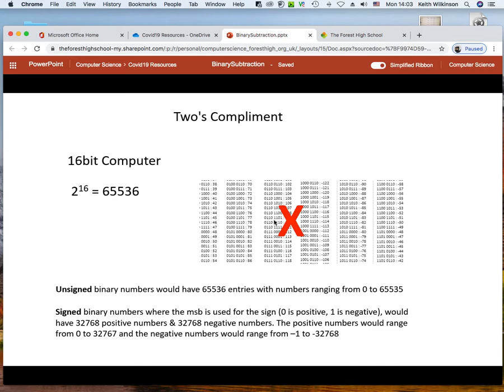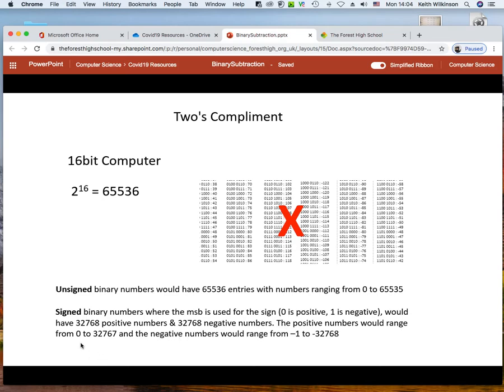Half of them would be positive, half of them would be negative. So if I were using signed binary numbers where the most significant bit is used for the sign, I'd have 32,768 positive numbers and 32,768 negative numbers. That's a lot of numbers to write down in a table and to label up -1, -2, -3 and so forth. I need a better method.